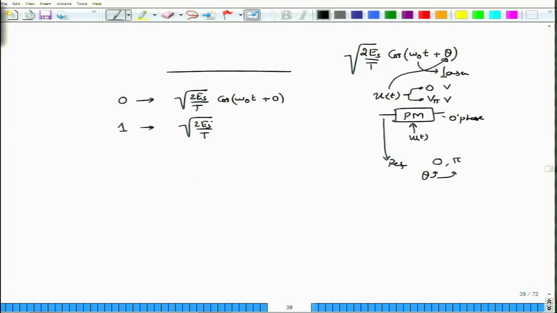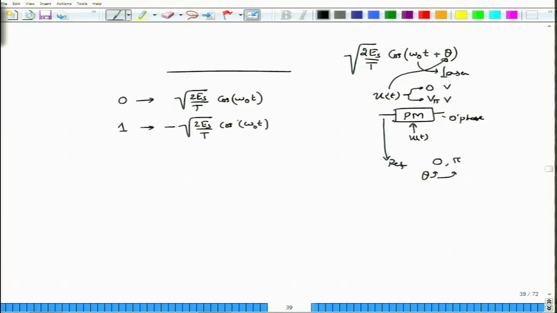So, you have square root of 2 Es by T cos of omega 0 t plus pi, which can be simplified because the cos A plus B formula can be applied. Cos A plus B is cos A cos B minus sin A sin B, but sin of pi will anyway be equal to 0 and cos of pi will be minus 1. So, what you would be transmitting is minus square root of 2 Es by T cos omega 0 t, and because cos of omega 0 t plus 0 is essentially cos omega 0 t, these are the two carrier waveforms that you are going to transmit.